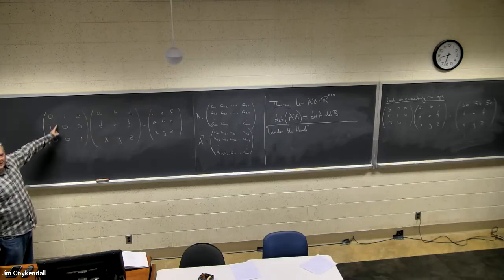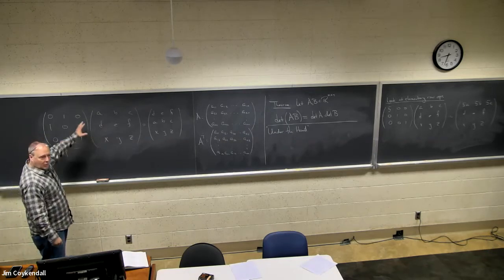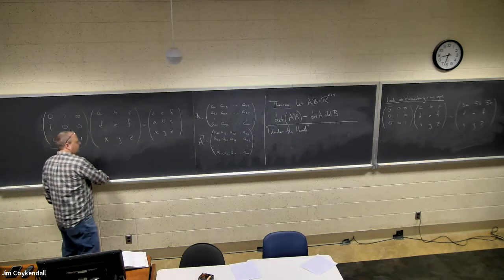What's the determinant of this? It's -1, right? Which is what we get for swapping 2 rows.